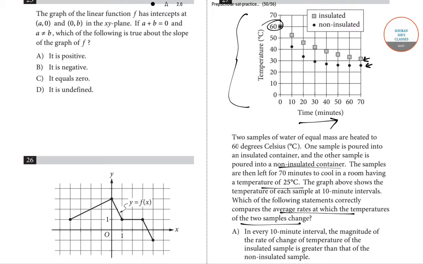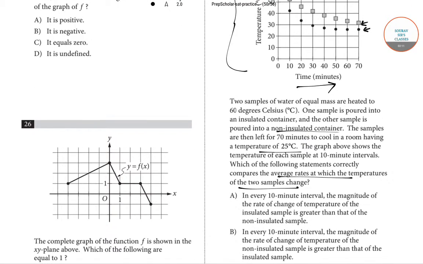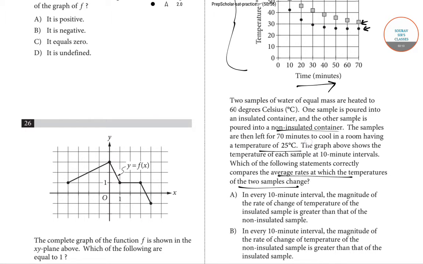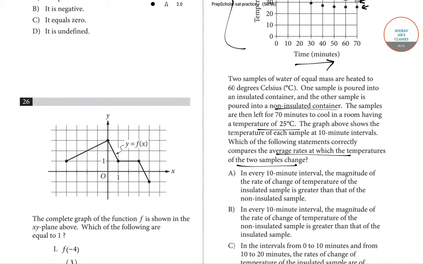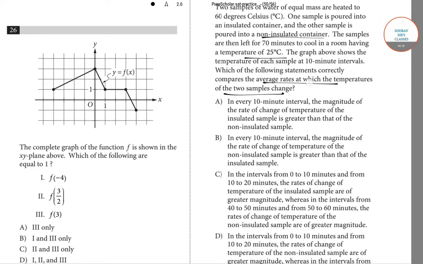So this one is greater than 30 degrees and the non-insulated part is less than 30 degrees even after 70 minutes. So you have to find which of the following statements correctly compares the average rates at which the temperatures of the two samples change.